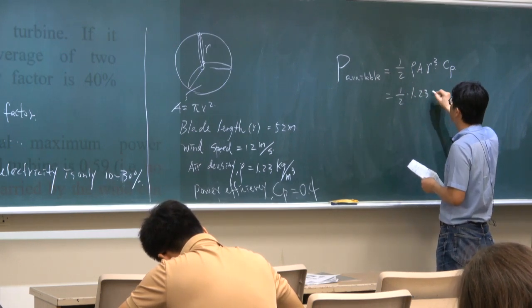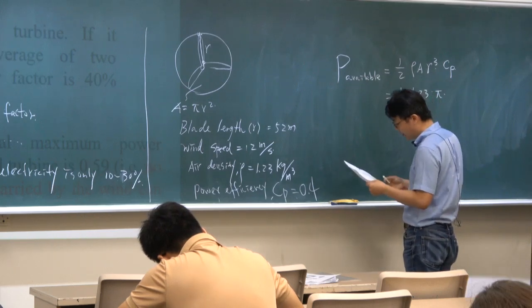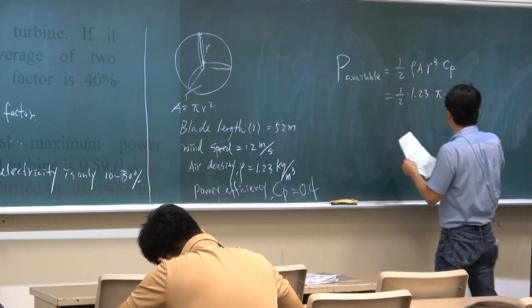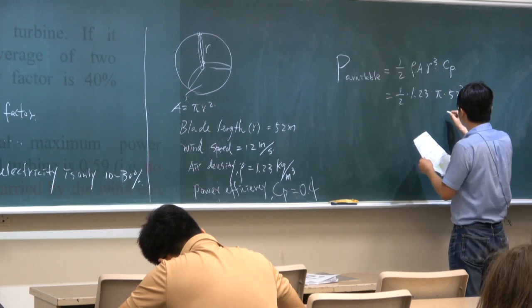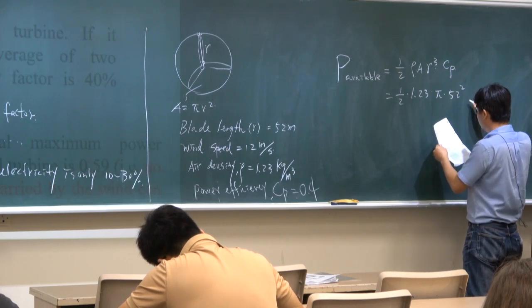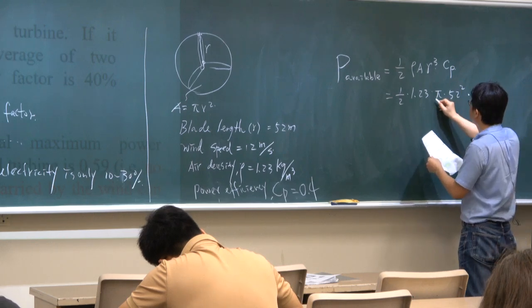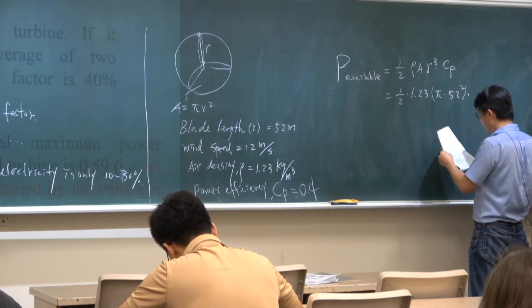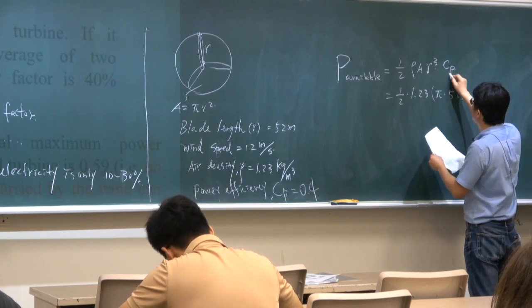1.23 and 8 pi, in meters. This is A. And velocity.